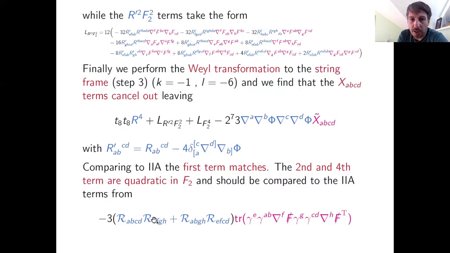So this is the type 2A result, which should be compared. You should extract the F2 terms from this Riemann bispinor and compare them to the F2 terms from here and from here. And then, of course, the F4 terms, I didn't write them out, but let's focus on the terms quadratic in F2.